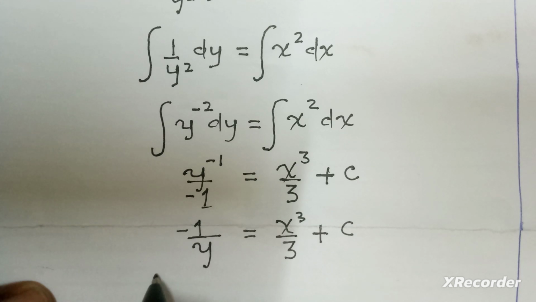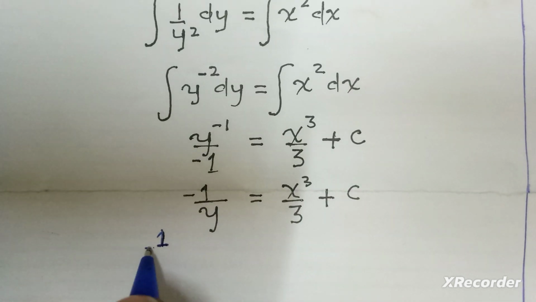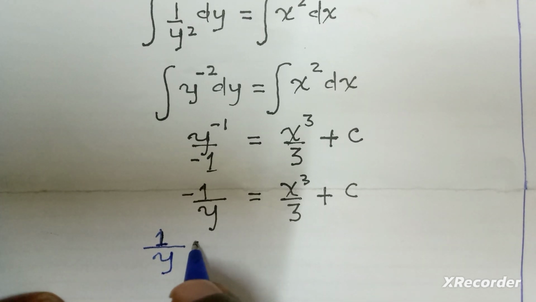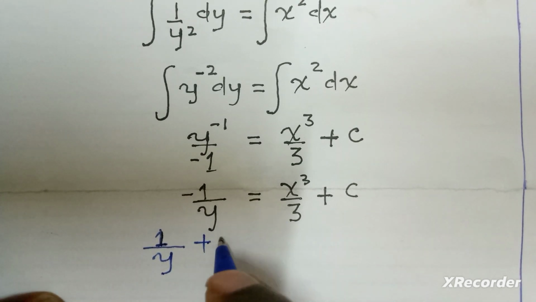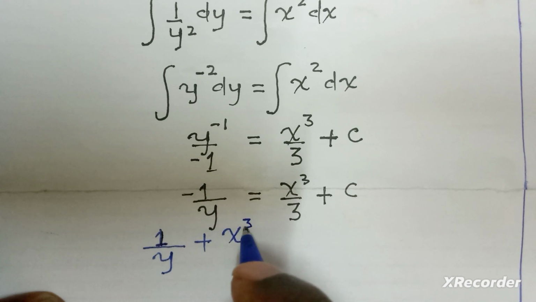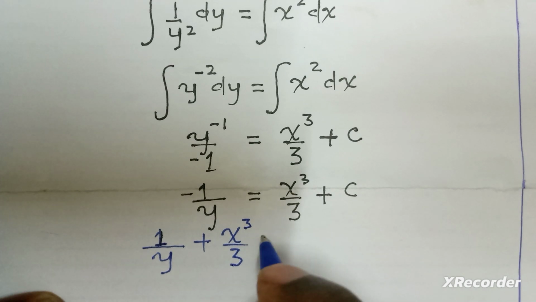We shall have 1 all over y plus x cubed over 3 equals c.